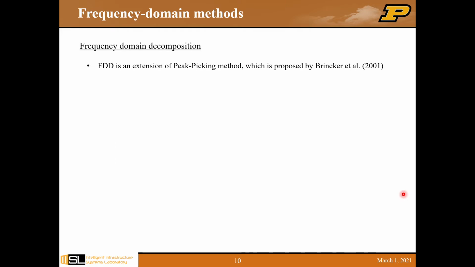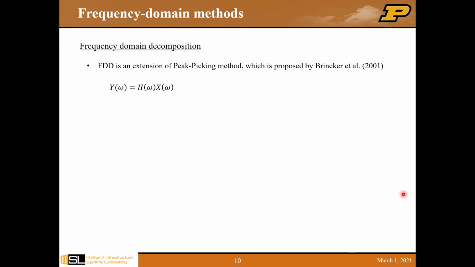So the second method of frequency domain modal analysis is the frequency domain decomposition. It is an extension of the peak picking method and was proposed by Brincker in 2001. First of all, I think everyone understands that the relationship between the input and output can be described as y of omega is equal to the FRF function H of omega times x of omega.